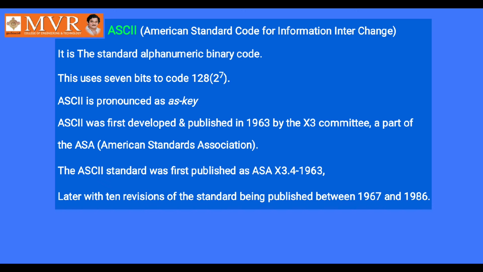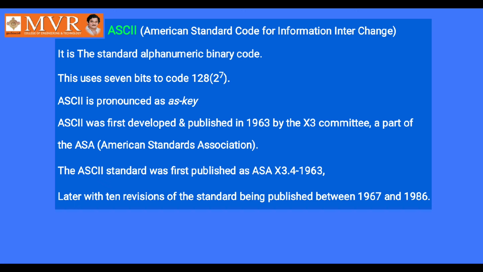So this ASCII standard was first published as ASA X3.4 1963. After that, 10 more revisions were done for the standard code of ASCII and published between 1967 and 1986.